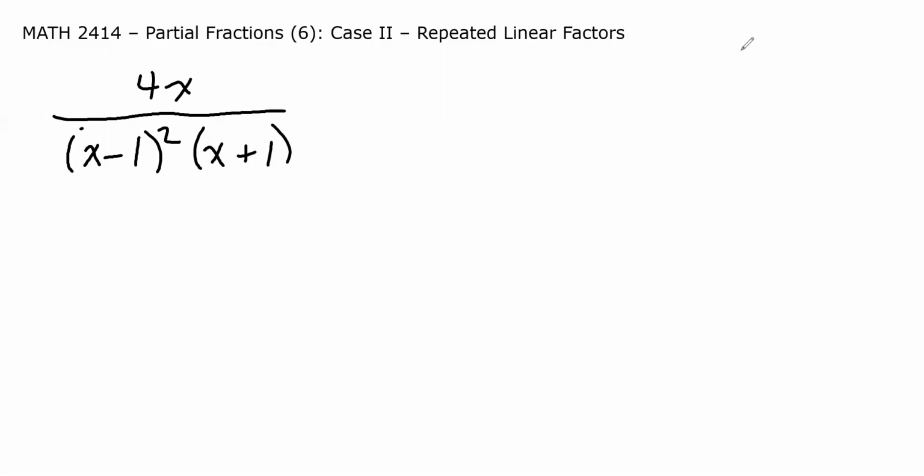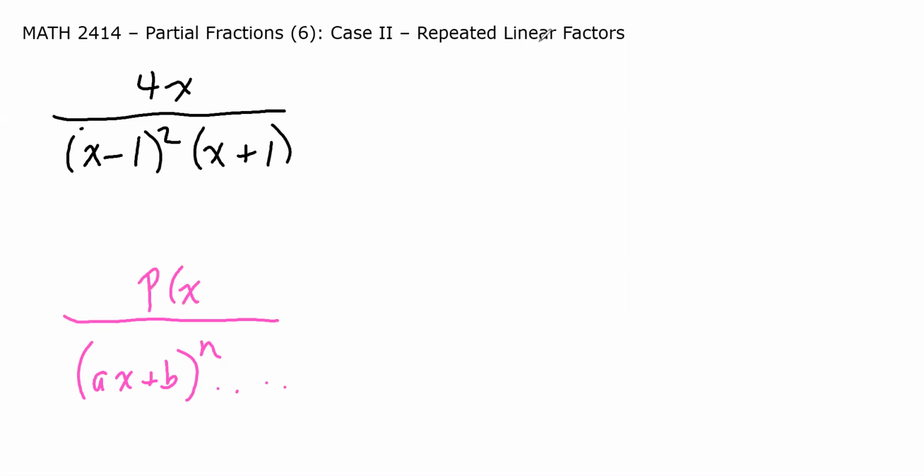Well, it changes how we set up the partial fraction decomposition. In general, whenever you have a linear factor with a power on it, so let's say, for example, we have some linear factor ax plus b to the n power in our denominator, and let's say you have a generic expression where there's more stuff over here, then we have some polynomial function up here.